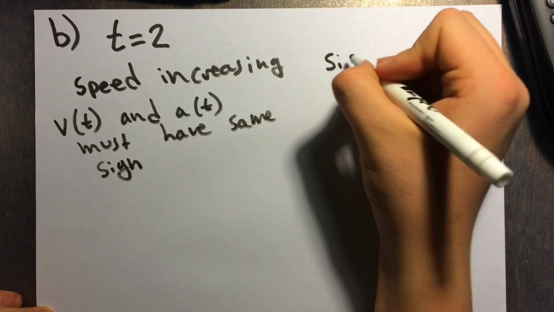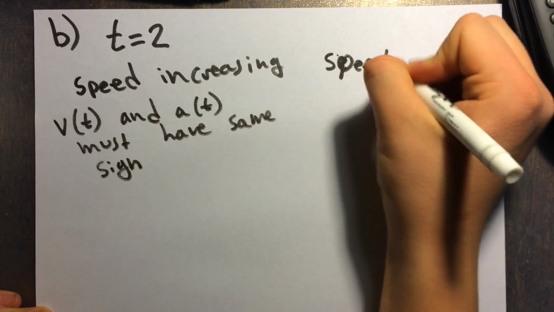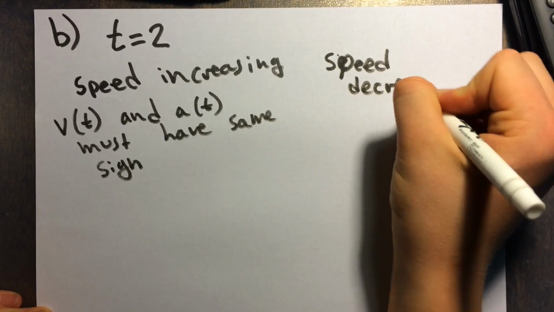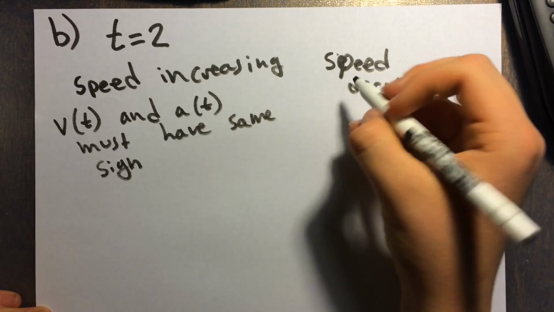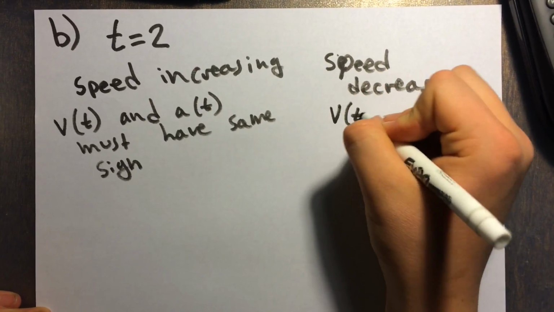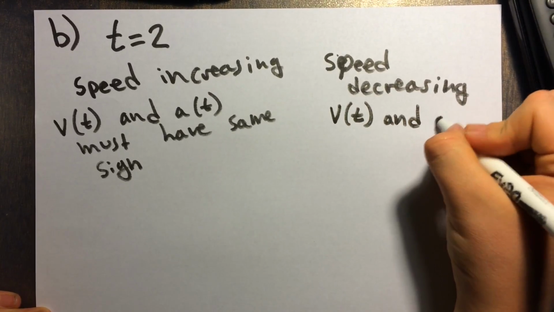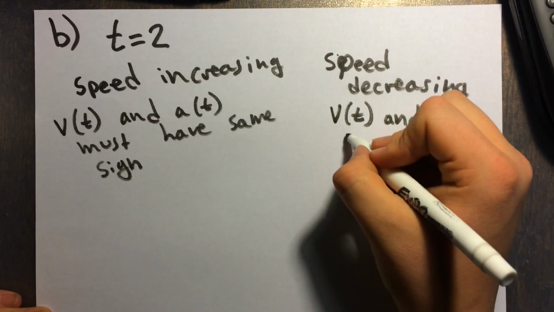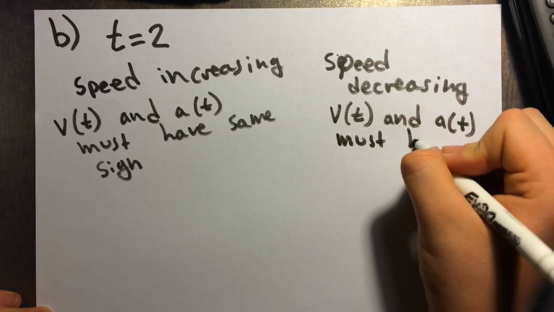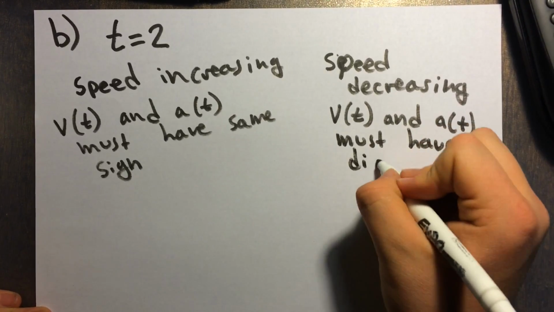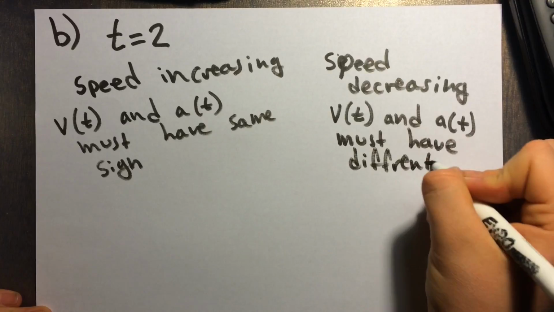But if the speed is decreasing, then v of t and a of t must have different signs.